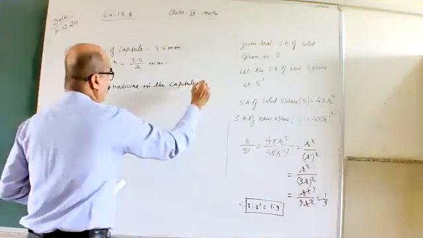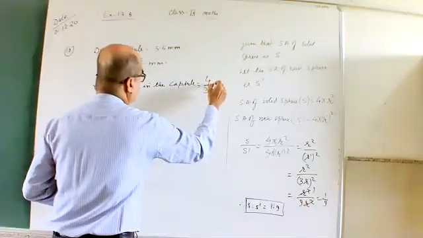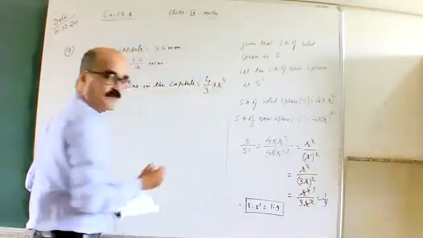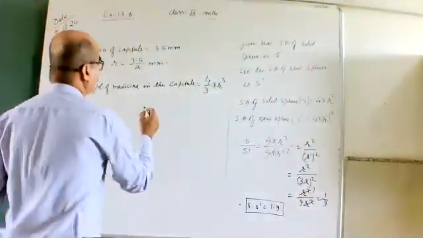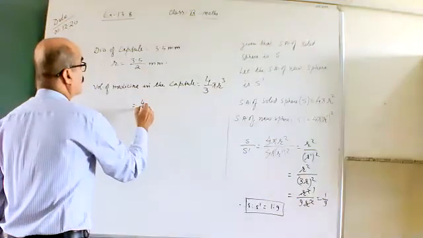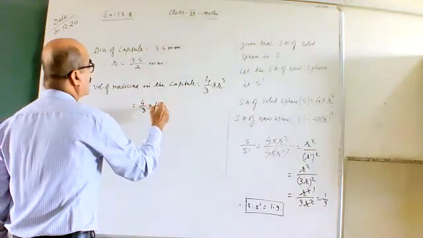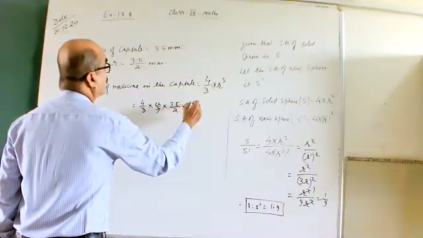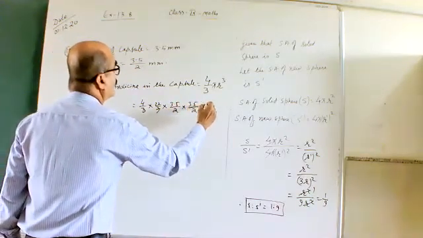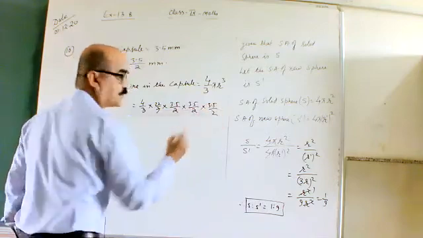will be equal to the volume of a sphere, that is 4 by 3 pi r cube. Just substitute the value of r here and solve. So that will be 4 by 3 into 22 by 7 and r is 3.5 by 2 into 3.5 by 2 into 3.5 by 2.